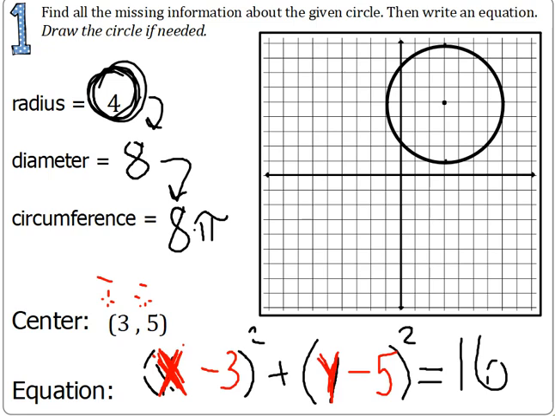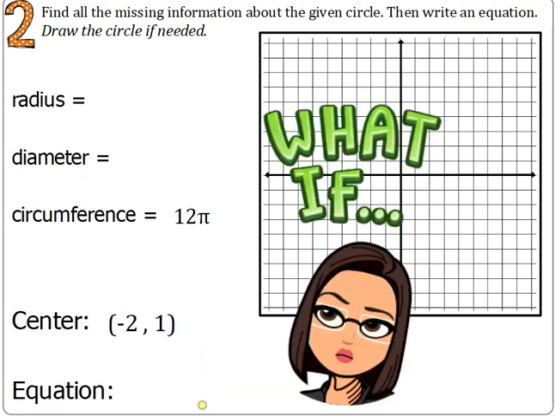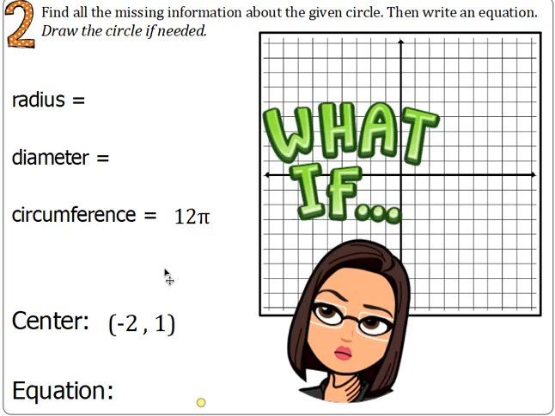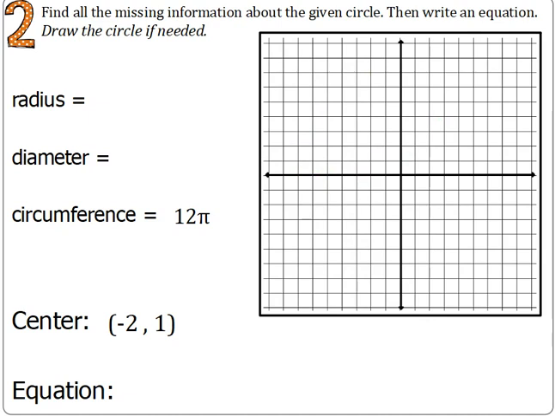Let's try another one. So this one has the same directions. We have to find the missing information. But here, it looks like I have the circumference instead. So let's work backwards here.